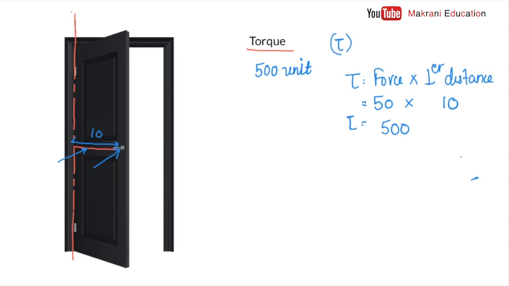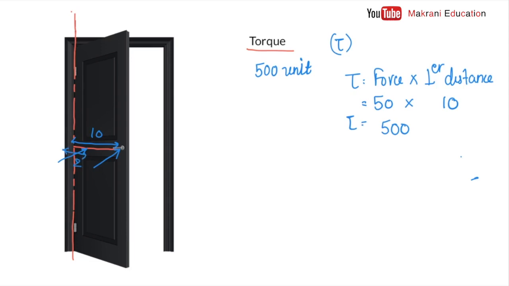So if I want to close the door from this point, which is merely 2 unit away from the axis of rotation, for example, this distance is 2 unit.